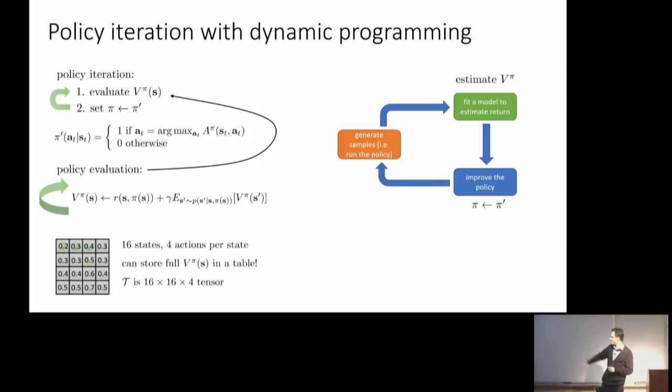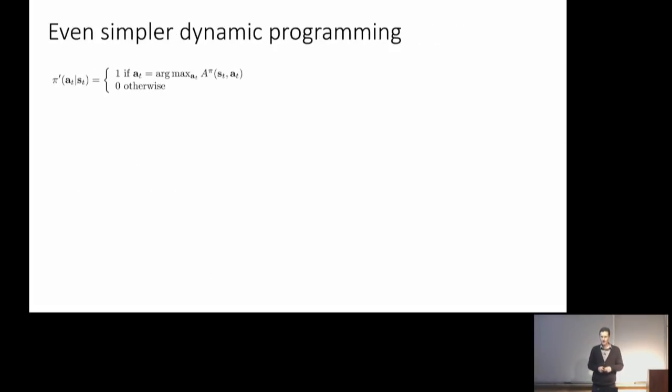So if you have a tabular representation, everything is very straightforward. You can actually simplify this method even further. You can have an even simpler dynamic programming algorithm that reduces from 2 steps to 1 step. And the way that we can do that is we can recognize that this thing is an argmax, and as was mentioned before in a question, an argmax of the advantage function is the same as the argmax of a Q function.